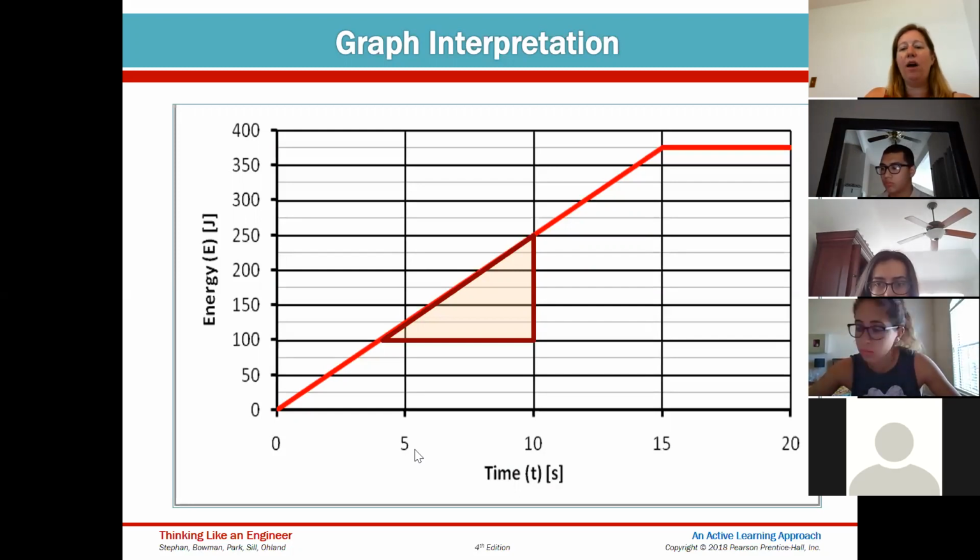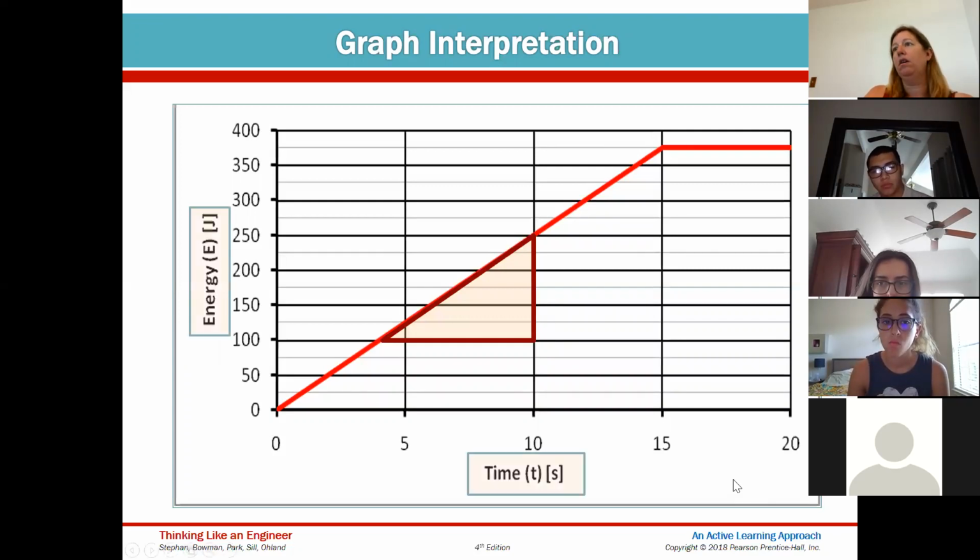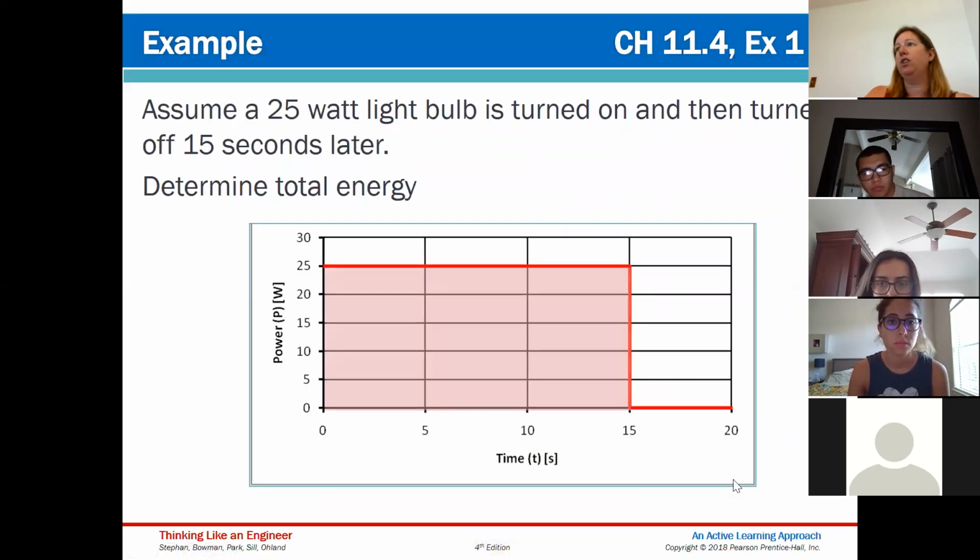So now, how do we calculate power? Energy divided by time. So our energy divided by time, which is now the slope of our line, is telling us how much power output we are getting from our graph.